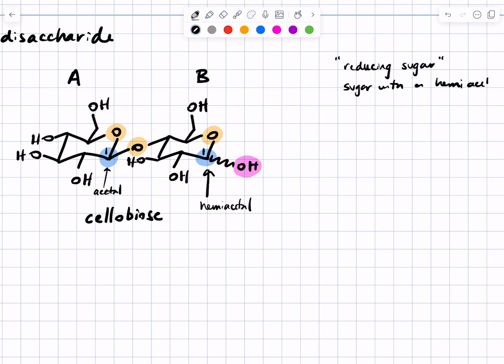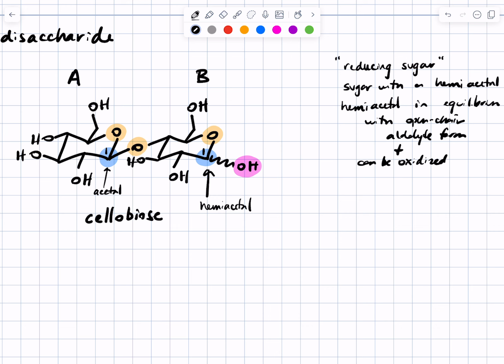The reason they call it a reducing sugar is because hemiacetals are in equilibrium with the open chain aldehyde form. And that aldehyde can be oxidized in an experiment, and as it's being oxidized, it can reduce something else.